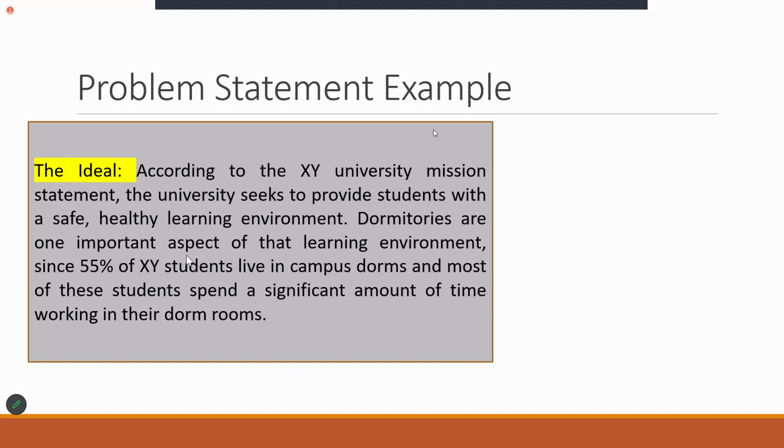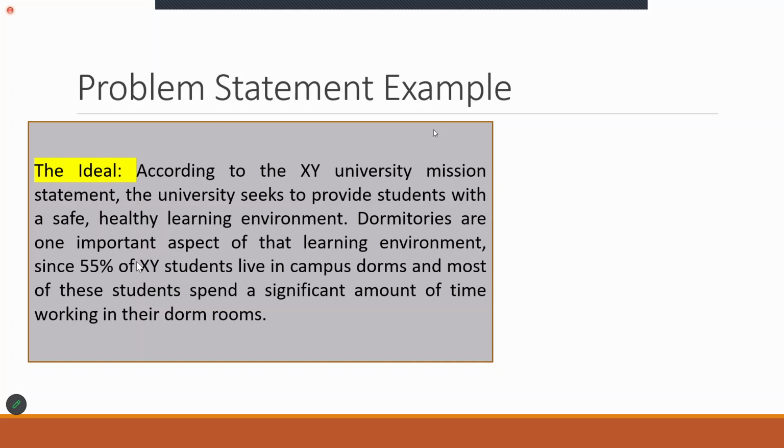Dormitories are one important aspect of that learning environment. So we are talking about the university learning environment, and their accommodation or the dormitories are one of the important aspects of it. And the students spend a considerable amount of their time in these dormitories. So this is the ideal situation.